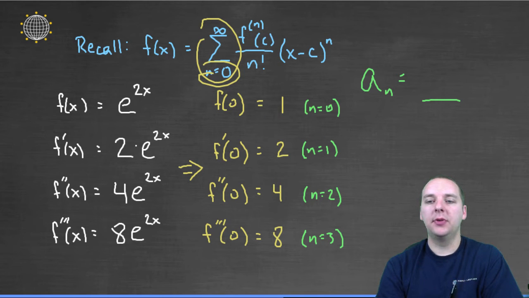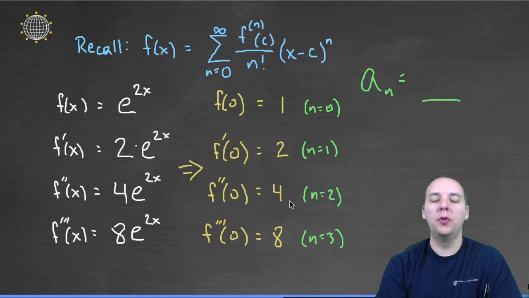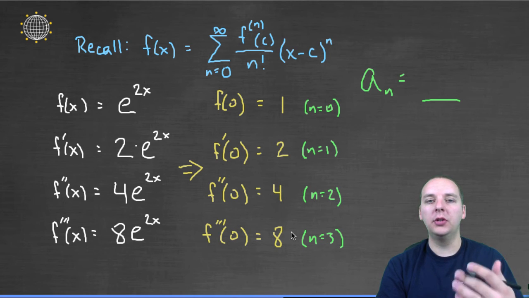So let's think about this for a minute. Do you see any patterns for 1, 2, 4, 8? I think so. I think the next one would probably be 16, then 32, 64, 128.